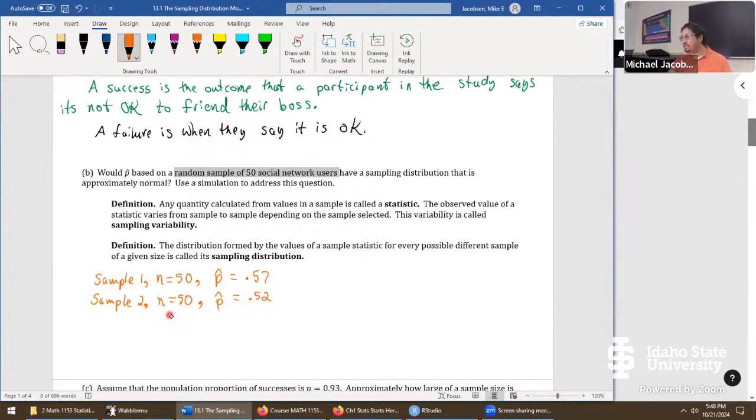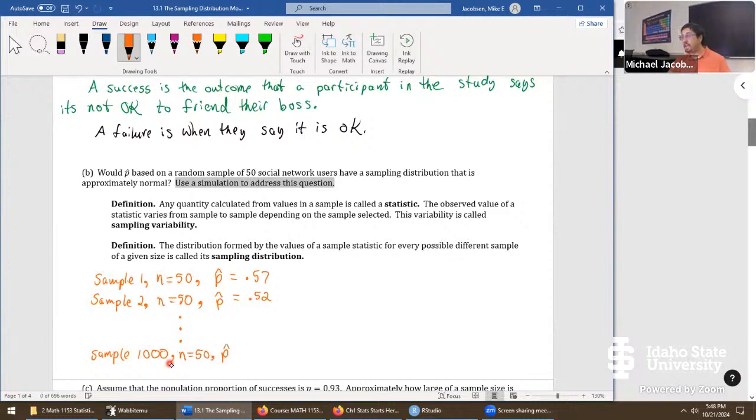So the way we're going to emphasize that is go dot, dot, dot, and maybe we're at sample 1,000, for example, or 10,000 or 100,000. No one has the money to actually do this. So that's why we're going to investigate it through an actual simulation to address this question. But imagine someone did do 1,000 different samples, all of them with the same sample size, 50.